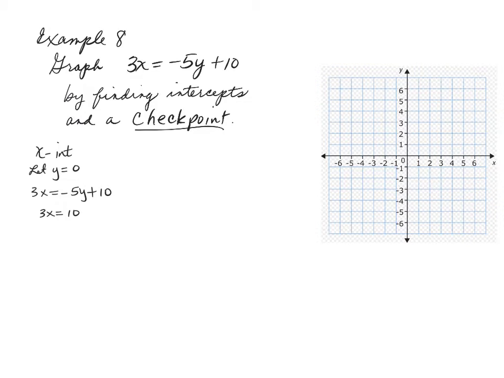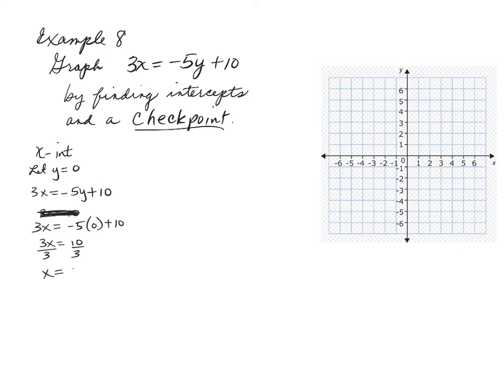Now let me go ahead and do it so you can see. I can't undo this. I'm going to have to scratch it out. So we have 3x equals -5 times 0 plus 10. So then 3x equals 10. Divide by 3 on each side.